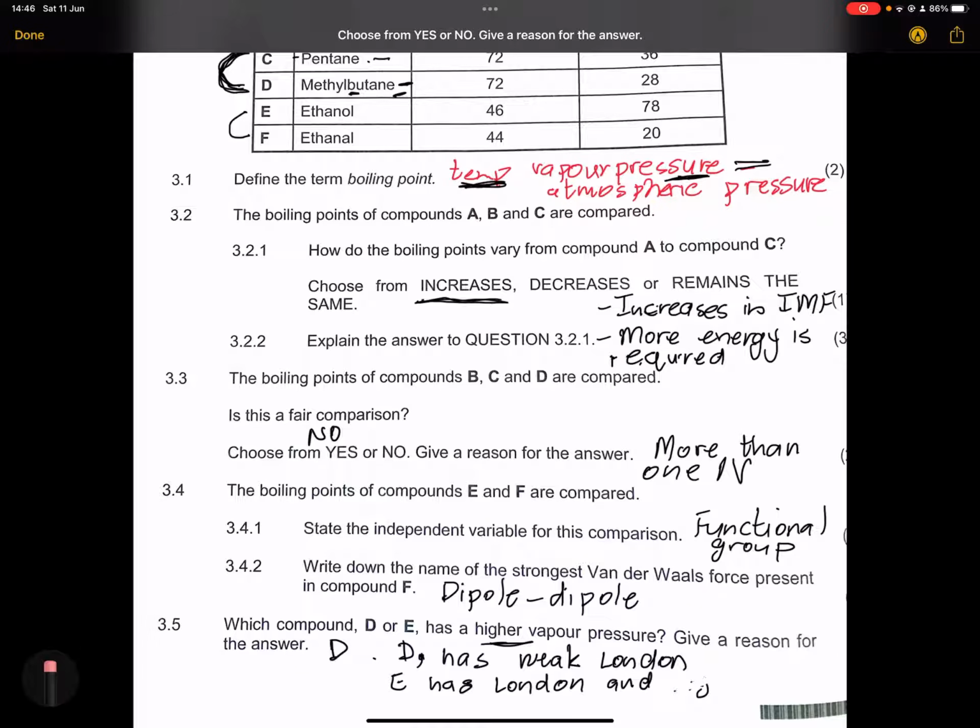Remember that hydrogen bonds are usually stronger. In fact, they're the strongest intermolecular forces. So it has strong hydrogen bonds.